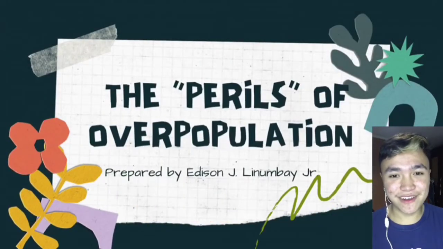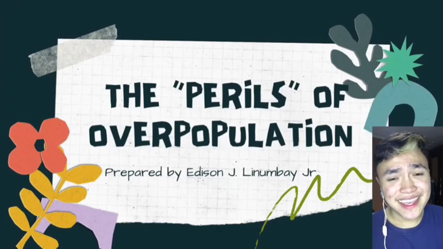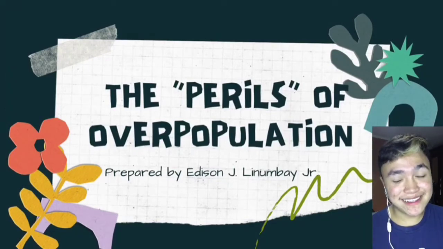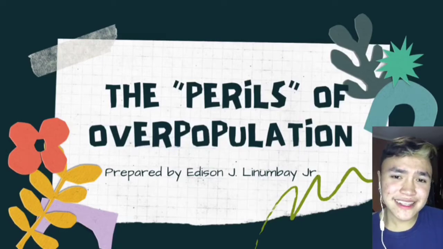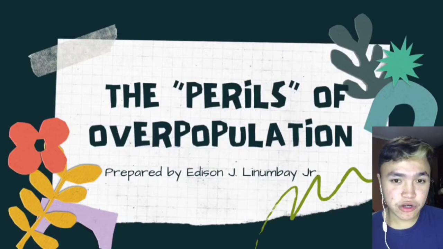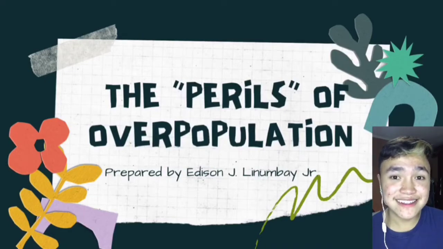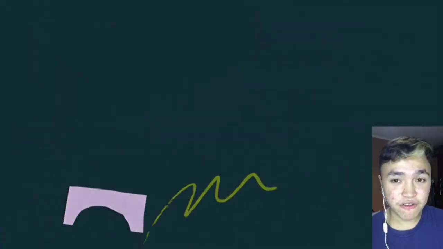The perils of overpopulation. Let's get to know first the meaning of perils and overpopulation. Peril is a serious and immediate danger. And overpopulation is an undesirable condition where the number of the existing human population exceeds the actual carrying capacity of Earth.